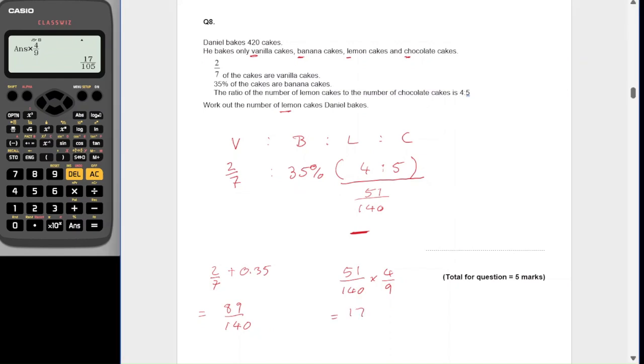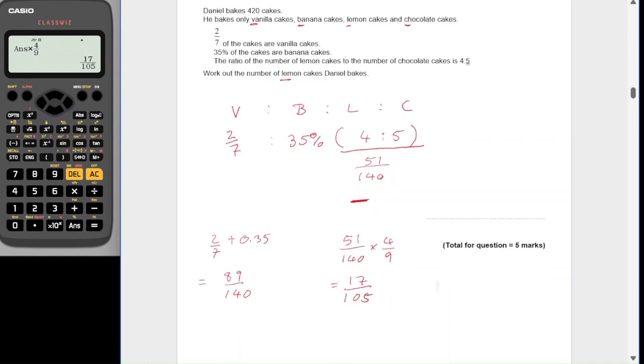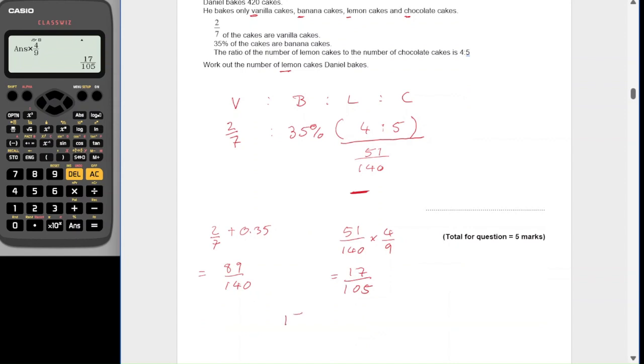So that gives me the fraction that are lemon cakes. And if we want the number of lemon cakes, then we need to times that by 420. So times by 420, so we get 68.